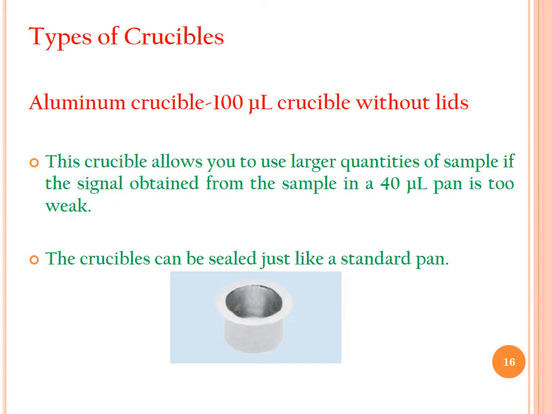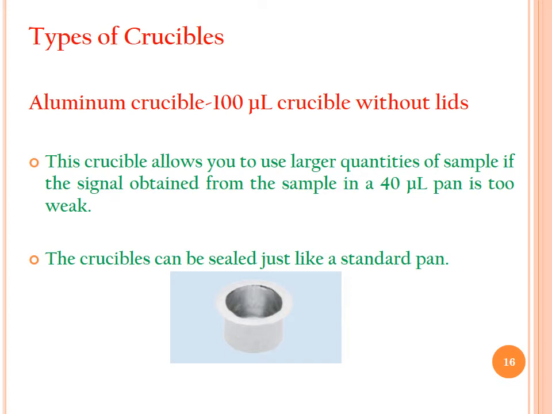So another type of aluminium crucible is the 100 microliter sample holding capacity crucible. This type of crucible is utilized without lid. This crucible allows you to use larger quantity of sample if the signal obtained from the sample in a 40 microliter pan is too weak.